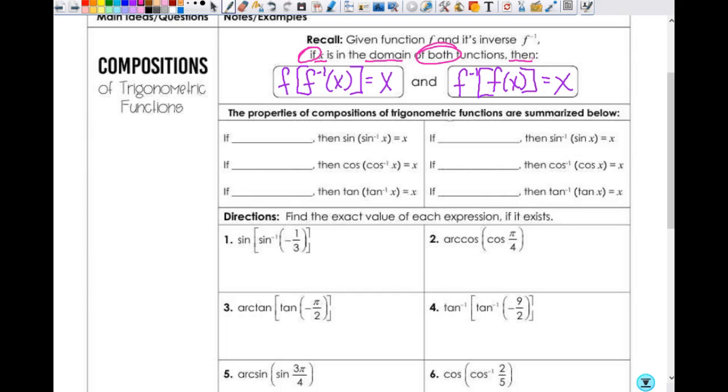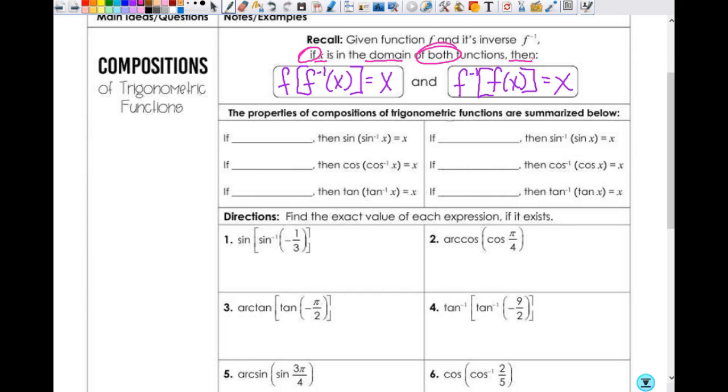And I mean, it's possible that both functions have a domain of all real numbers, but we know that even though the domain of sine and cosine is all real numbers, sine and cosine inverse, is their domain all real numbers? No, it is very restricted, right? And so x is not in both of those. It's possible that x could not be in both of those domains. If it is, then these little rules work. If it isn't, then we have to do it a different way, okay?